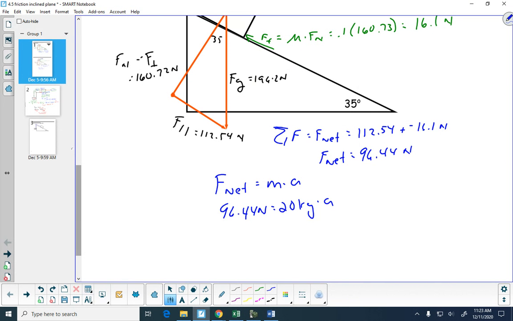Brandon, what do you get for your acceleration? 4.82 meters per second squared. Questions?